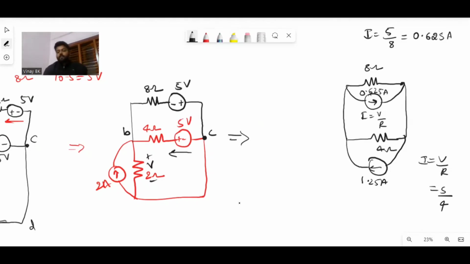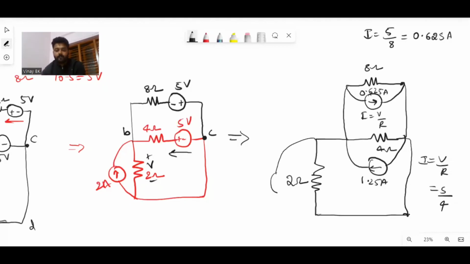1.25 amperes. So now what I will do, I'll rewrite the circuit, 4 ohm, then we'll be having one more resistor. Don't forget that. That is 2 ohm resistor connected here. There is a current source with upper direction of 2 amperes.